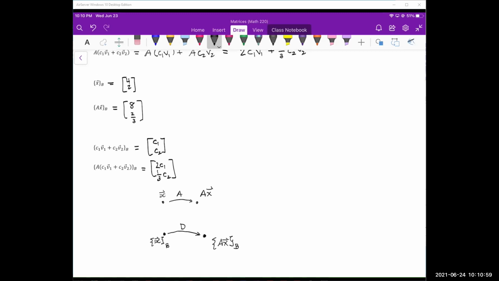Well, our first coordinate got multiplied by 2, and our second coordinate gets multiplied by a third. In fact, there's a matrix that will carry this out. The coordinates of Ax are equal to a diagonal matrix with 2, 0, 0, 1/3 times the coordinates of x.